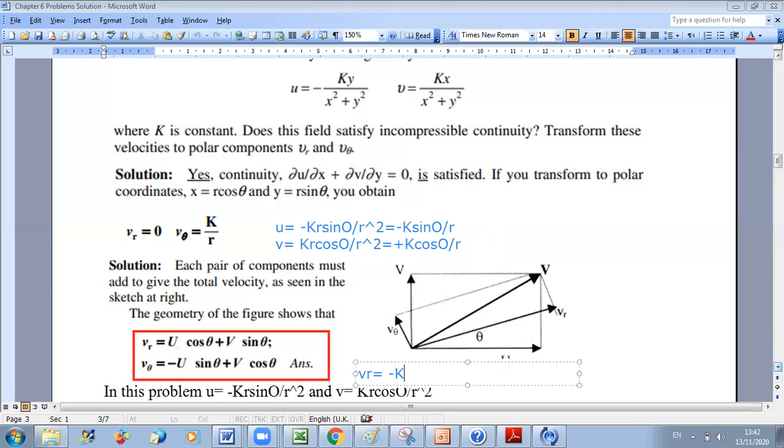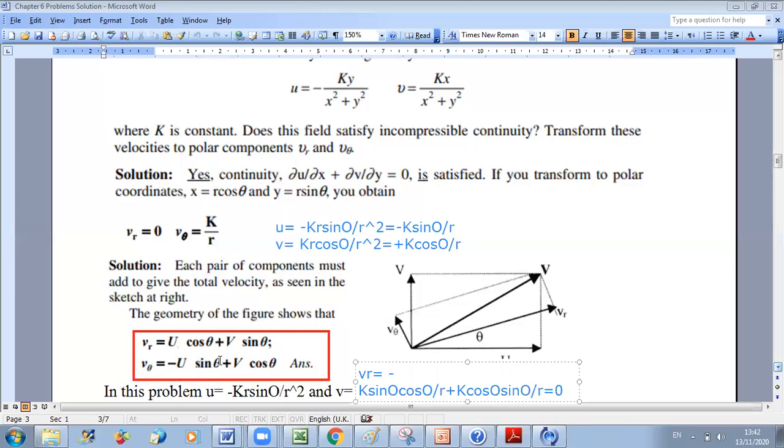So minus k sine theta over r times cosine theta, so I multiply by cosine theta. Okay, and I have plus V sine theta. So V is k cosine theta over r. So it's plus k cosine theta times sine theta over r. As you can see, the two terms will cancel out. Okay, so this is equal to 0. So for this flow, V_r is 0.